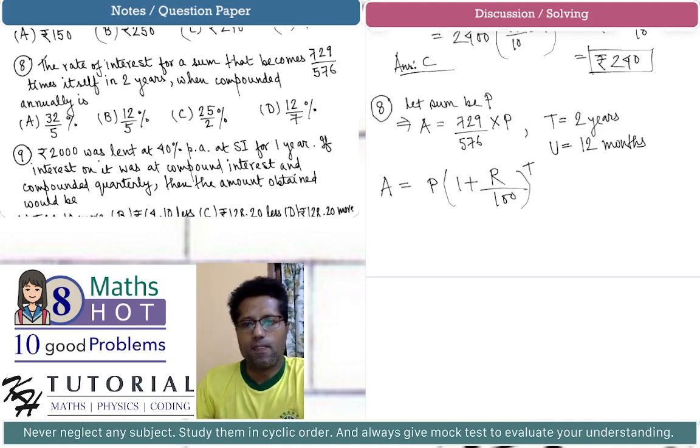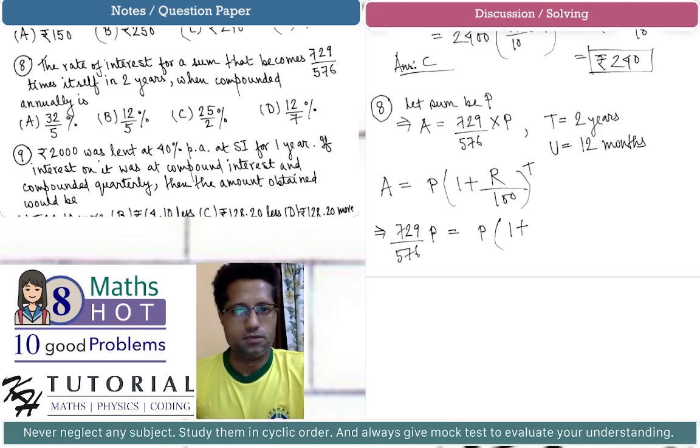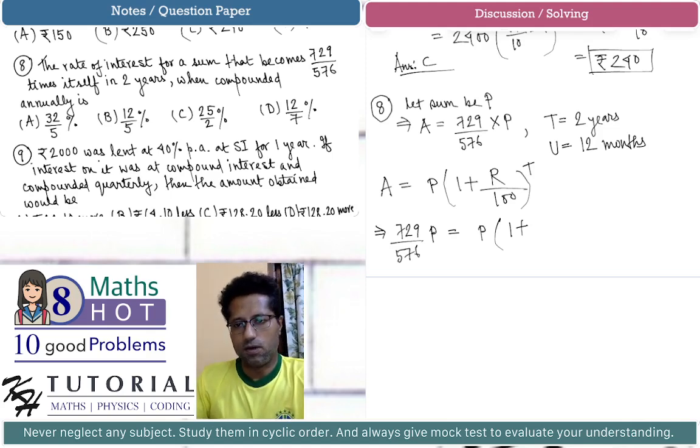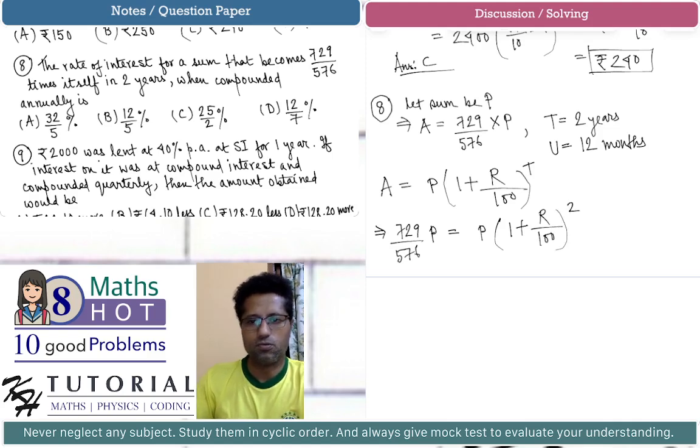Now A is given to be 729 by 576 P, which is equal to P multiplied by 1 plus R by 100, where R is unknown, and T is given to be 2 years. We can cancel P from both sides.